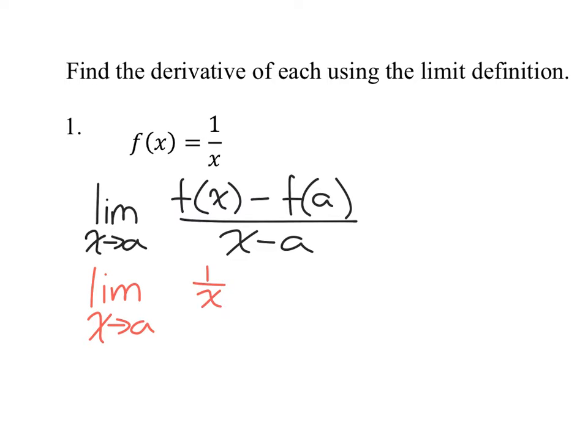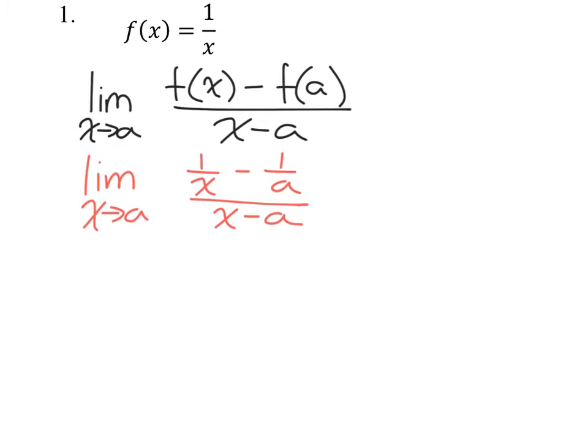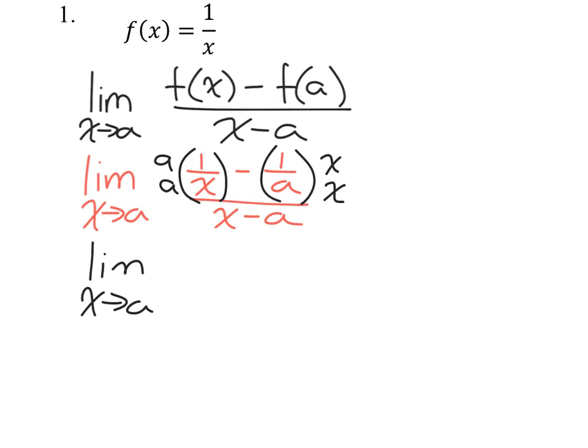So I have 1 over x minus 1 over a, all over x minus a. Fractions subtracted sounds like a great opportunity to incorporate a common denominator. So limit as x approaches a of a minus x over ax, all over x minus a.